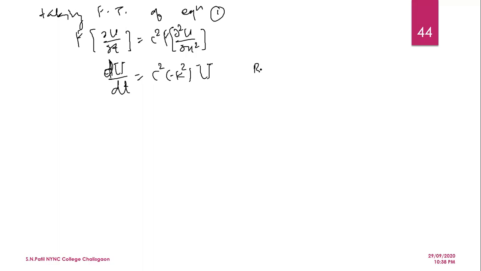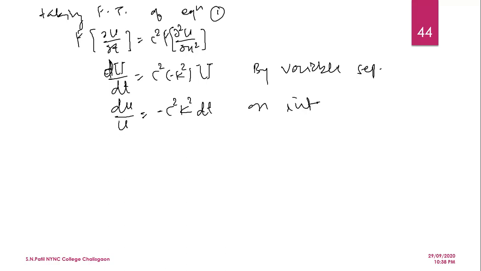Okay, by variable separable method, that is dU by U is equal to minus c square k square dt. On integration, we already solved the same problem.